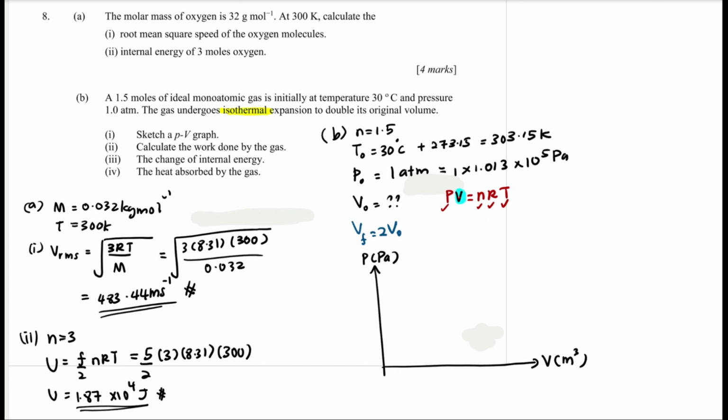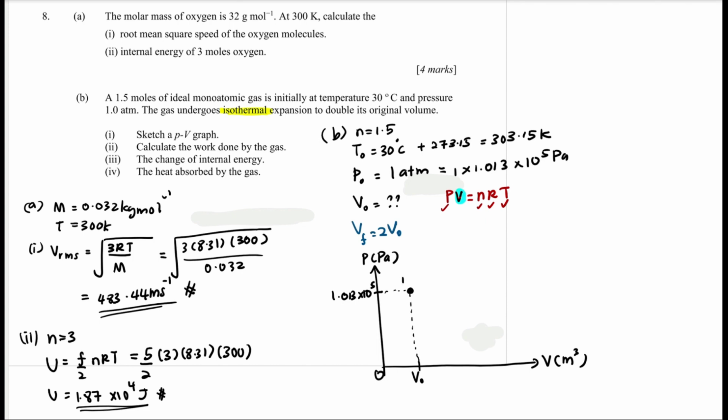Alright. And then this one starts from 0. So let's say at the pressure of 1.013 exponent 5, the volume is V0. We don't know how much. Somewhere here.